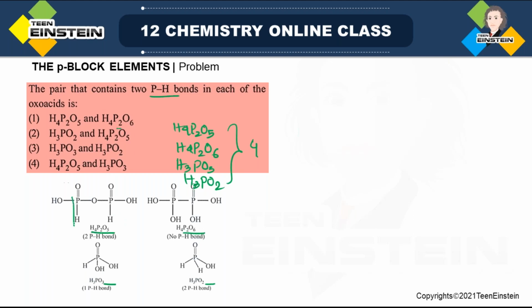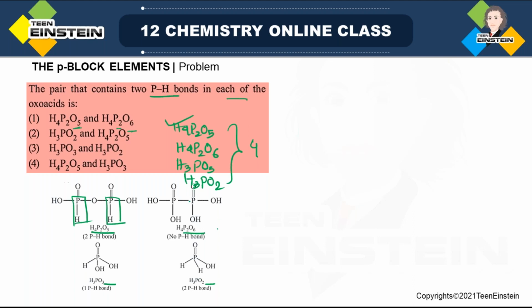Now in this case we have 2 P-H bonds, that is for this one. But the question is the pair that contains 2 P-H bonds in each of the oxoacids. So it is not that one oxoacid has a P-H bond and the other has none. That will not be the correct option. Both should have P-H bonds.